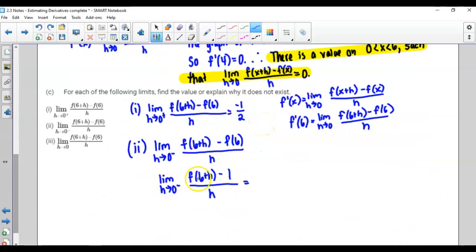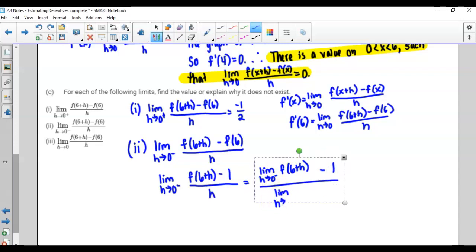So the limit as h approaches 0 of f of 6 plus h is going to be 3. And then you've got a -1, and then you can think of the limit as h approaches 0 from the left of h.